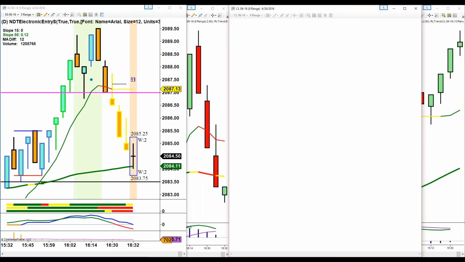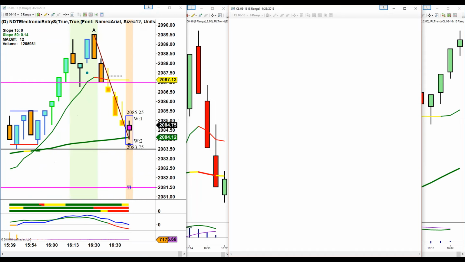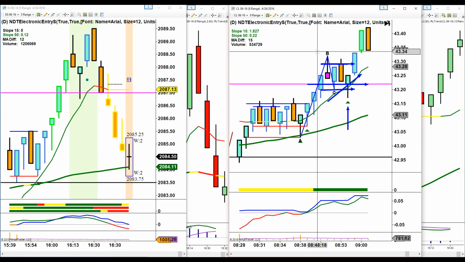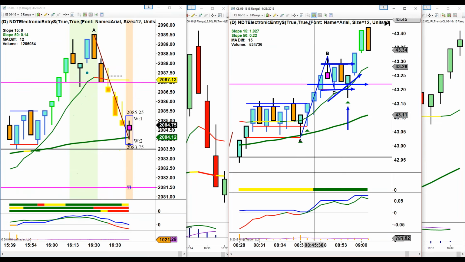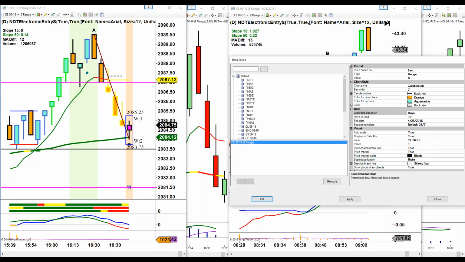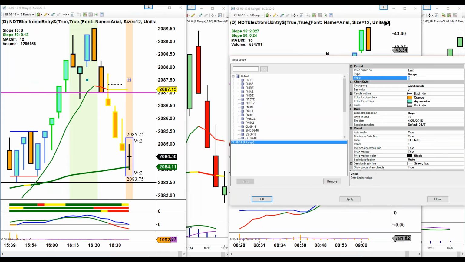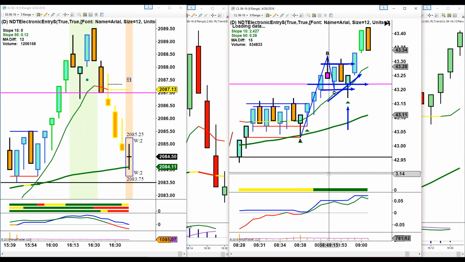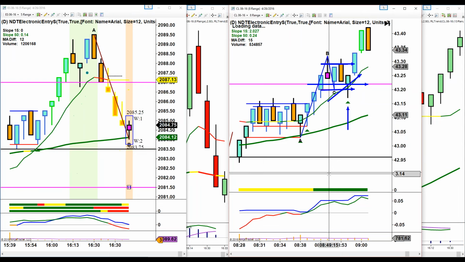And hopefully I can get it back. All right, well, it didn't come back there. Sometimes if you change the range number and then go back to 8, it'll bring the background bias back on.